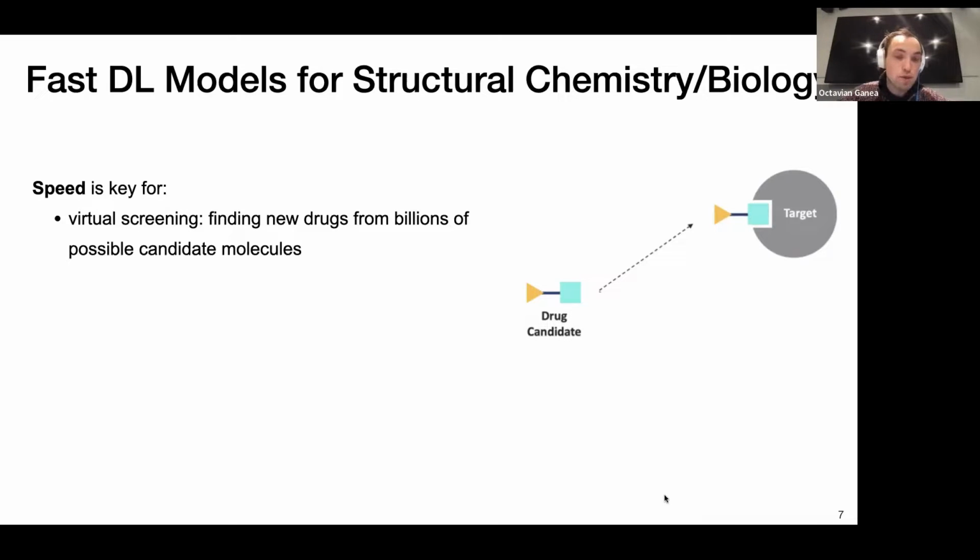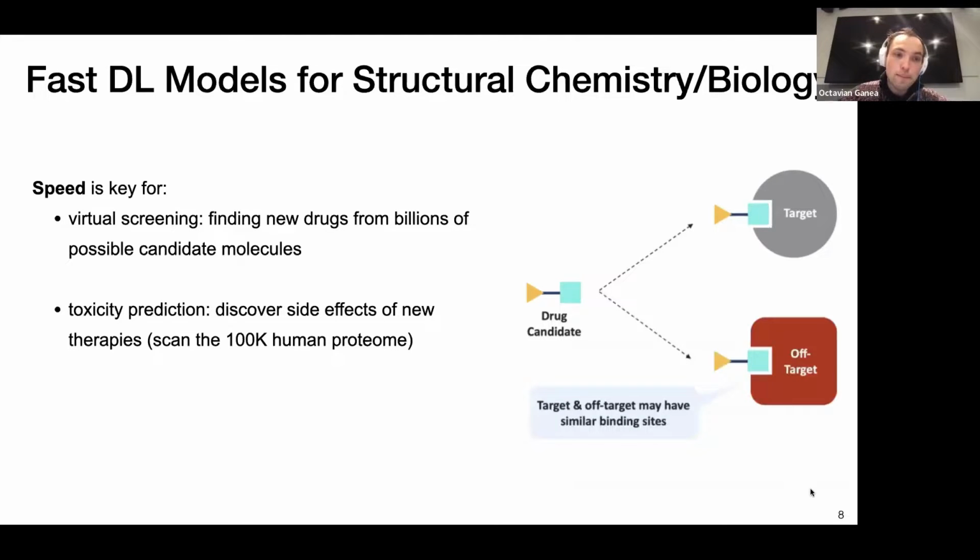For instance, we have datasets of millions or billions of synthesizable drug-like molecules, and we want to scan them very rapidly and find the possible candidate molecules. So we need very fast computational methods to do that. Once we find good drug candidates, we also want to scan computationally for toxicity.